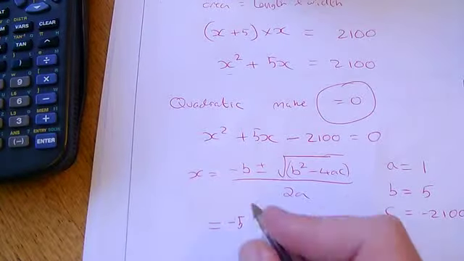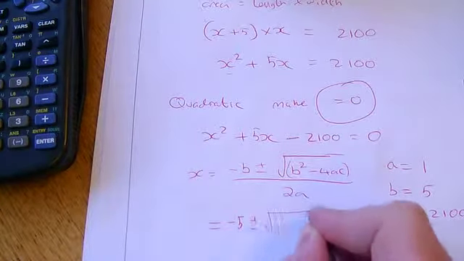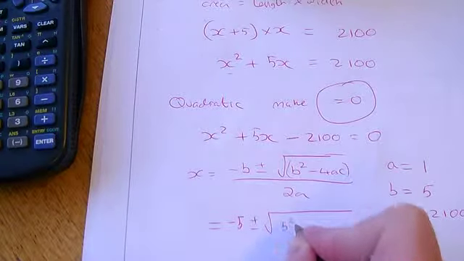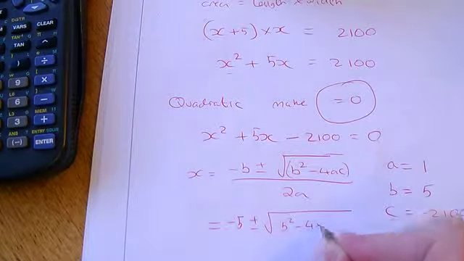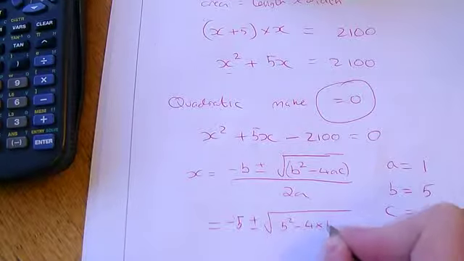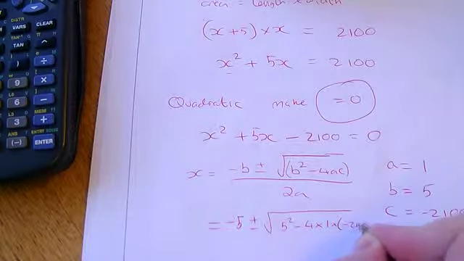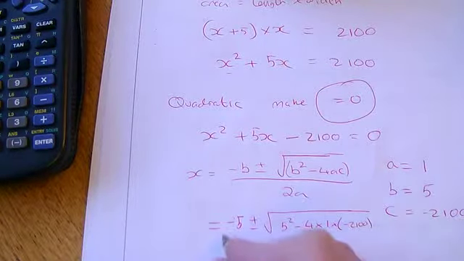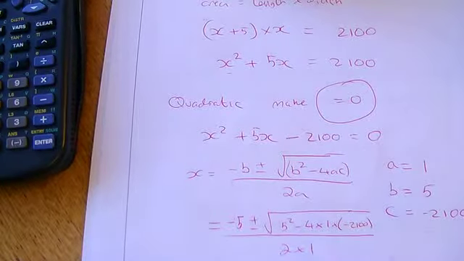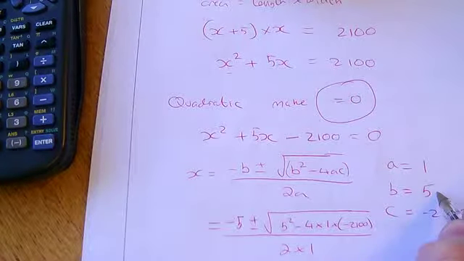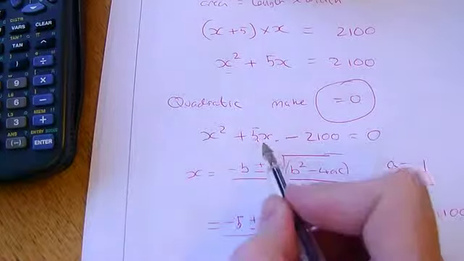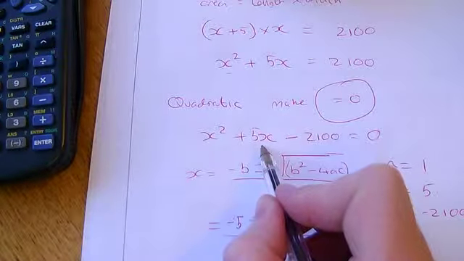So B is 5. B is the number in front of the x.